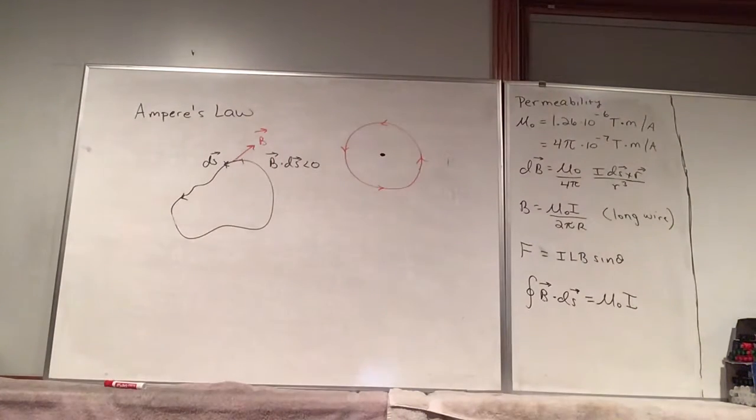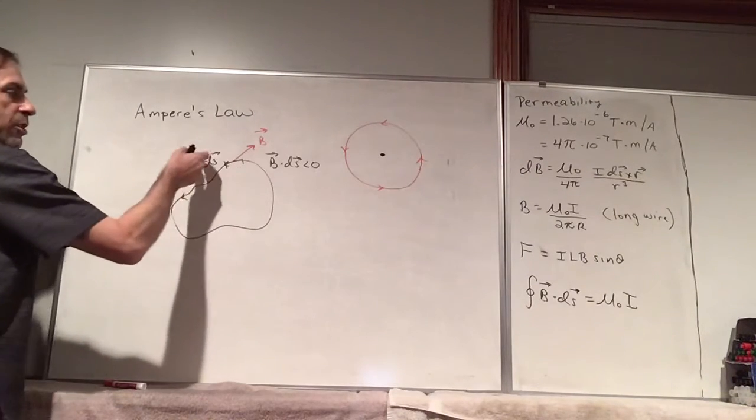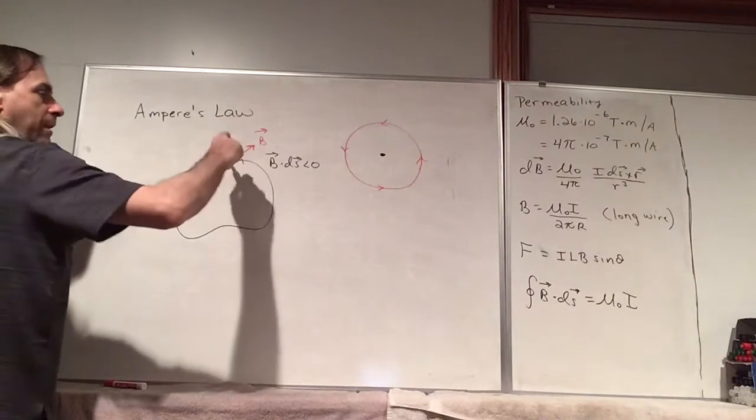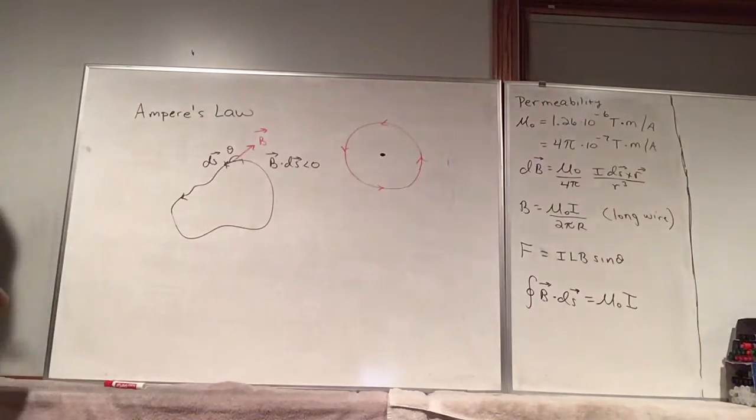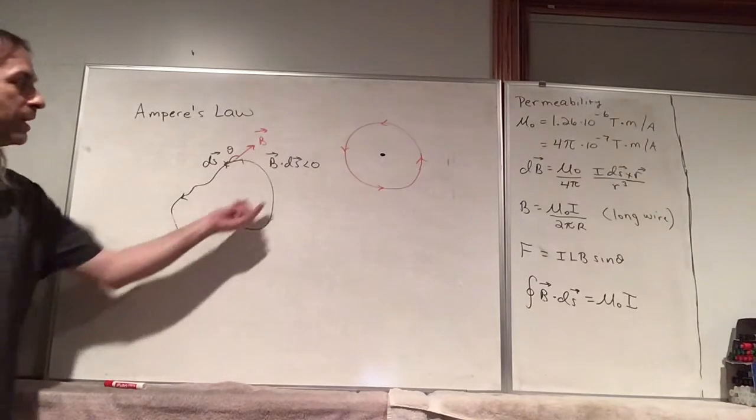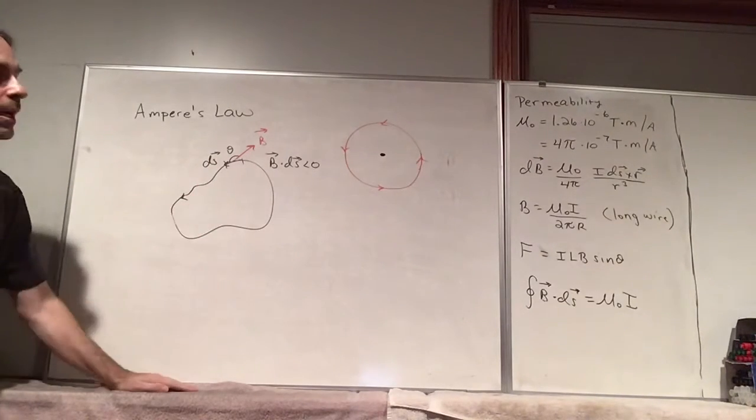And so again, it can be positive or negative. And in magnitude, that would just be B ds cosine theta, where theta is the angle between these two vectors. And so we can find B dot ds for that segment, and then integrate along the entire curve.